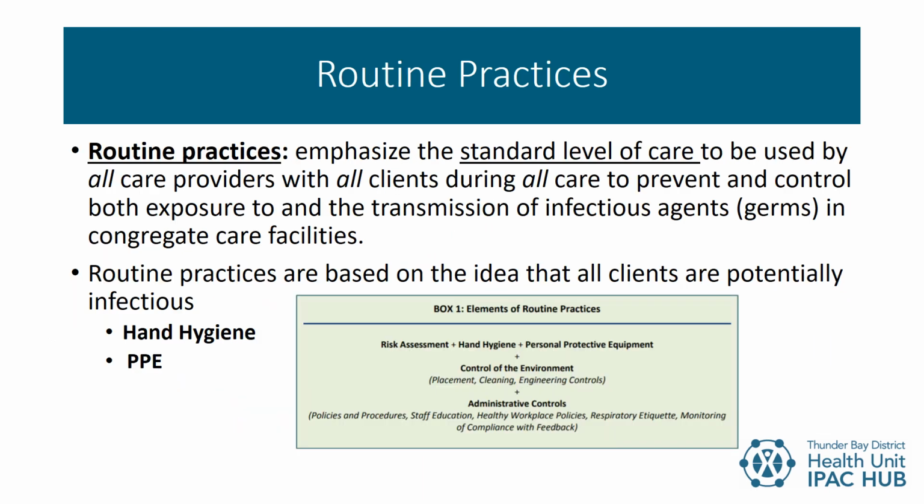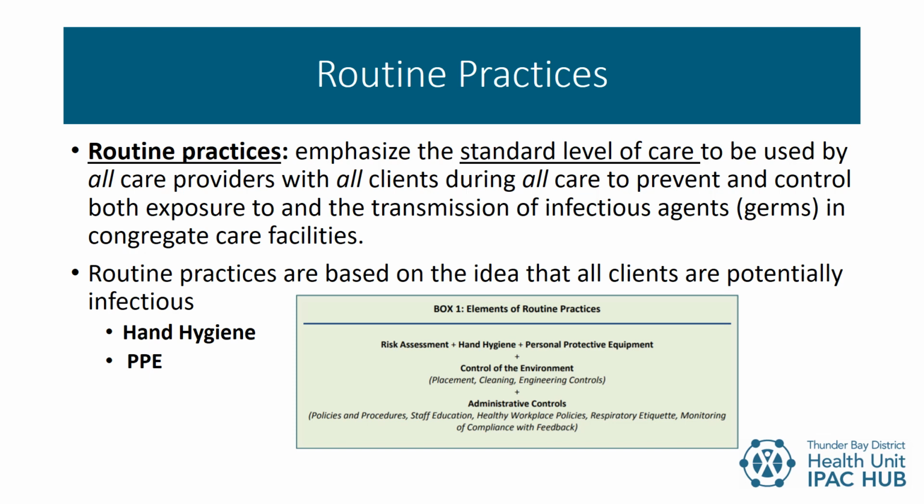Routine practices. To prevent further spread of the infectious agent, it is important to put infection control measures in place. These include both routine practices and additional precautions. Routine practices are based on the premise that all clients are potentially infectious, even when asymptomatic, and that the safe standards of practice should be used routinely with all clients to prevent exposure to blood, body fluids, secretions, excretions, mucous membranes, non-intact skin, or soiled items, and to prevent the spread of microorganisms.